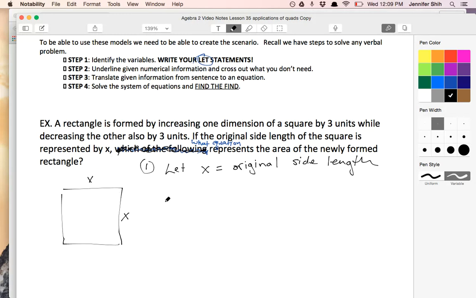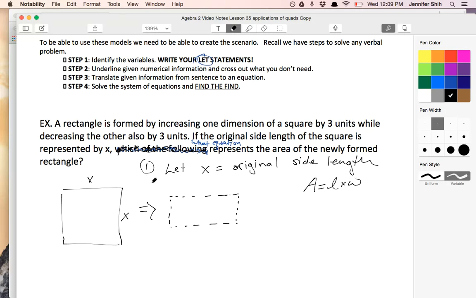Now, a rectangle is going to form because the square is going to get transformed into a rectangle. So one side is going to get smaller and one side is going to get bigger. But the area is going to be made from the length times the width. We know area is equal to length times width. Right now, our length and width is x and x.